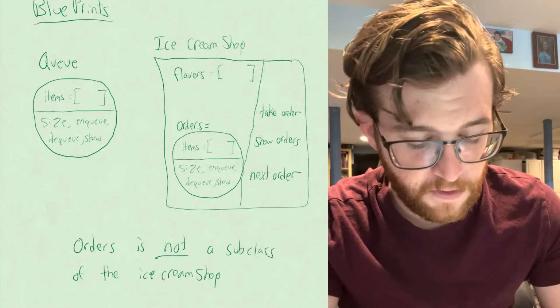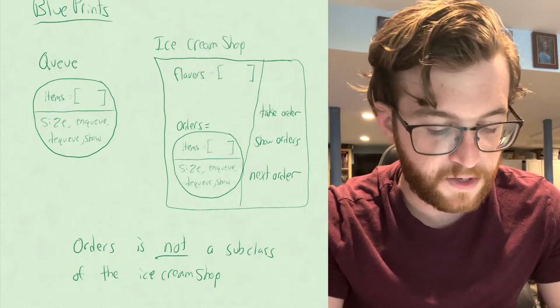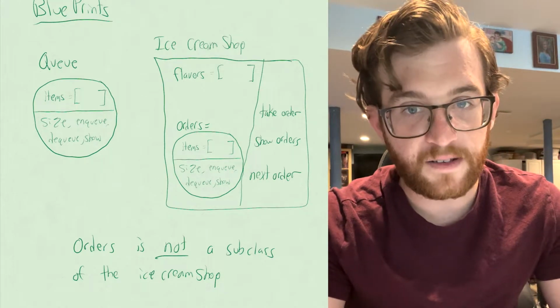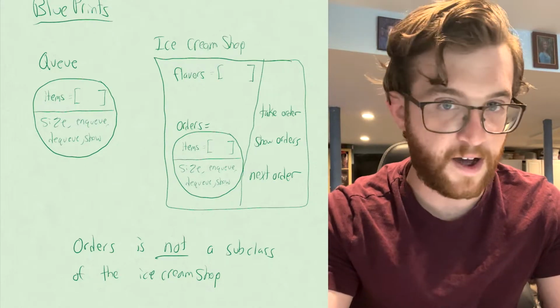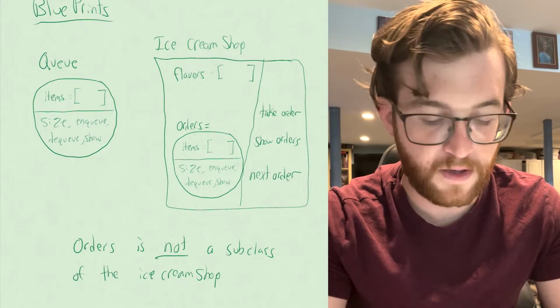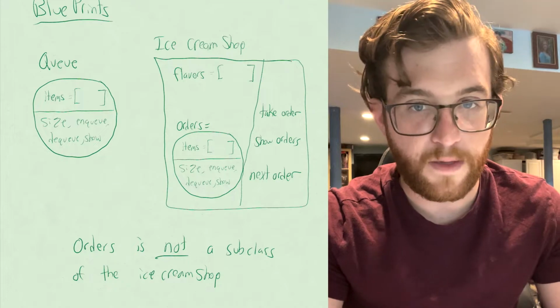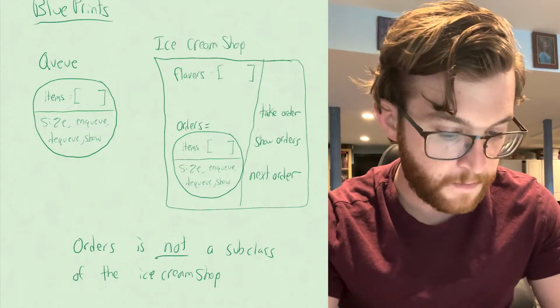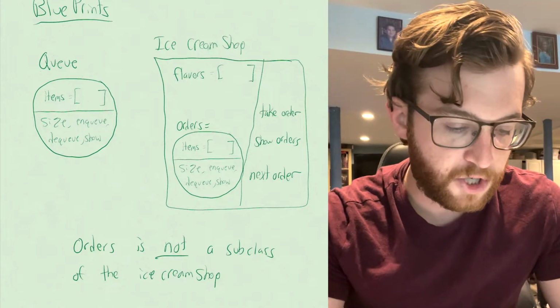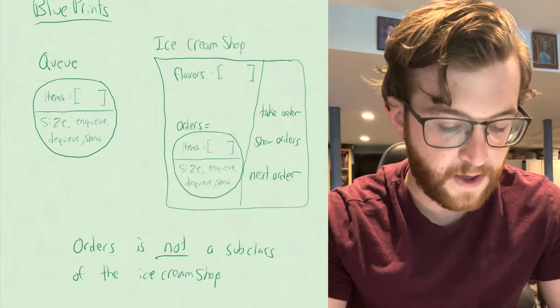Our ice cream shop has 3 methods that itself can perform. These interact with the orders object inside of it. We would access this by saying self dot orders dot, whatever we want to check with it, dot items if we want to look at the list inside of it, or one of the methods if we want to have the orders perform a method on itself, such as enqueue. So with the take order, we will check to see if the order that the user is entering is valid.